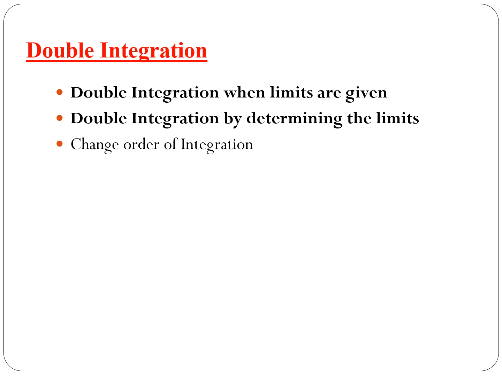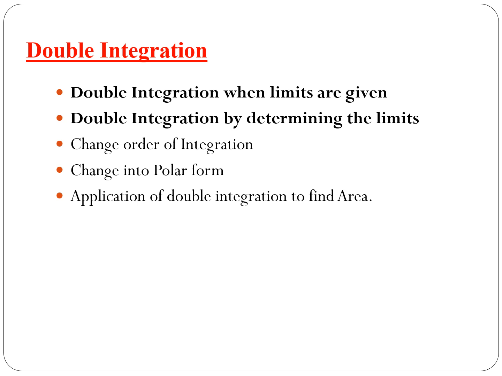Then change of order of integration, then change into polar form, then application of double integration to find area. In this first video lecture, we will emphasize the first 2 topics: double integration when the direct limits are given, and when limits are not given, instead r is given. So using r we have to find the limits.